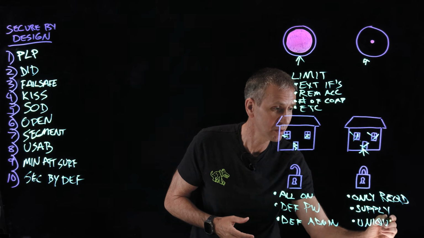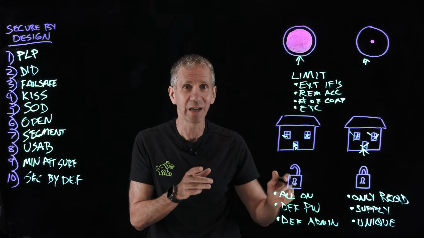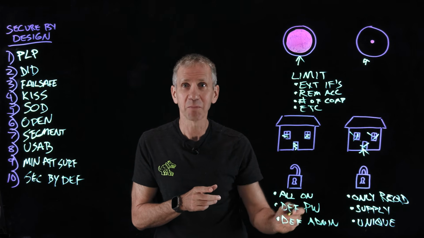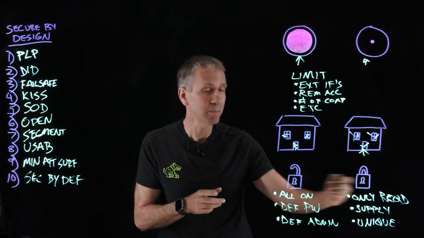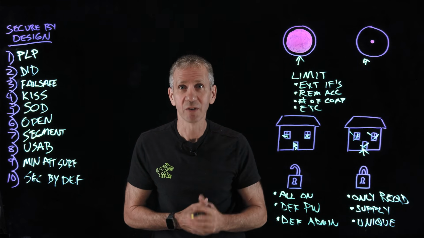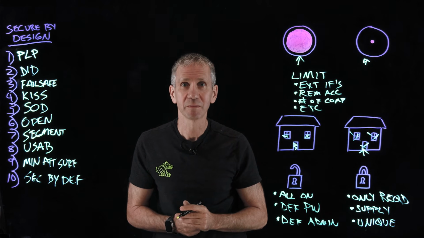You have to pick something that's going to be unique. So you've made it harder for the bad guy because now he has to guess, what is the admin account? What is the admin password? And then all of the capabilities that they might normally use to break in through, those have been turned off. So these are the kinds of things that we're looking for, secure by default.